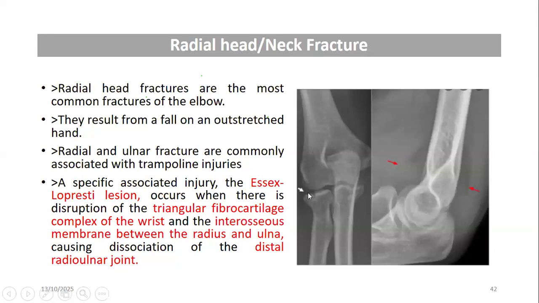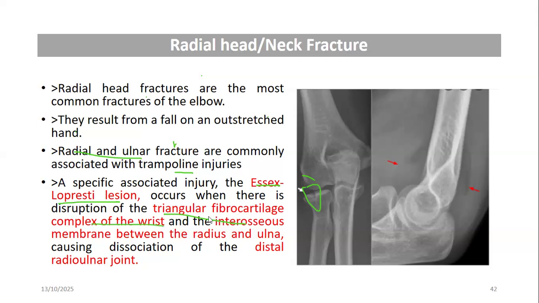Radial head and neck fracture. You can see on the right side that it's a clear radial head fracture. A radial and ulnar fracture is commonly associated with a trampoline. There is a S6 that you must know about: three things.